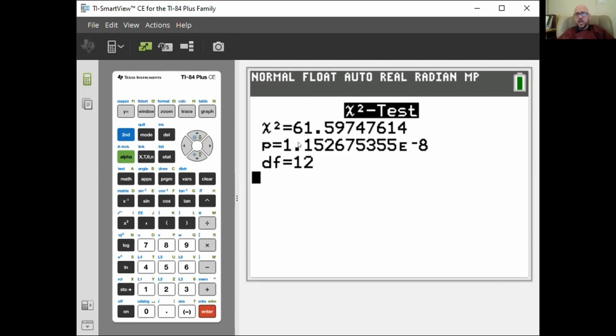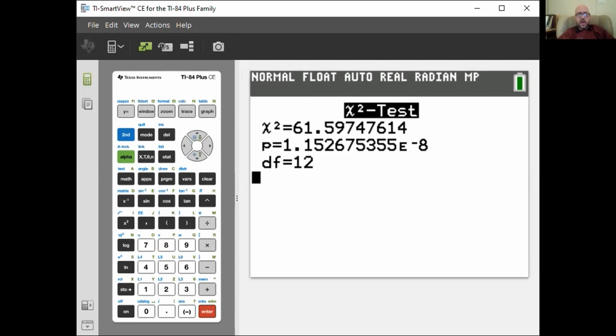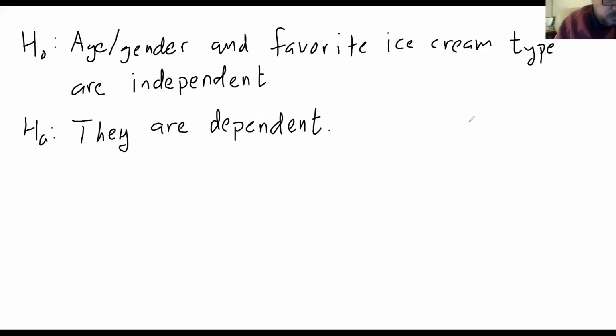So our chi-square test here is 1.15 times 10 to the -8. So here's how I would want you to write that on a test, something like this. There's my whiteboard. So chi-square test: chi-square approximately equal to 61.6.